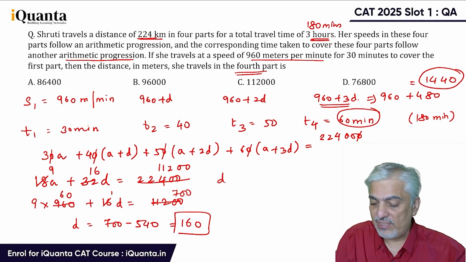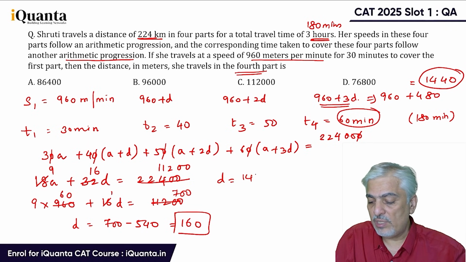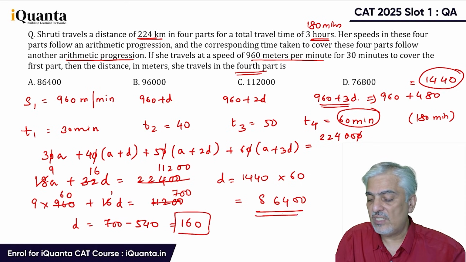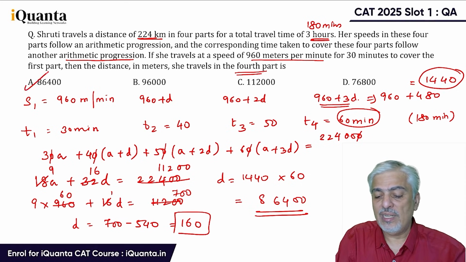So distance traveled in meters will be 1440 into 60, right? How much will that be? 0, 0 will come. 6 4s are 24, 2 carry, 24 plus 2, 26, 2 carry 8. 86400, which is my first option.